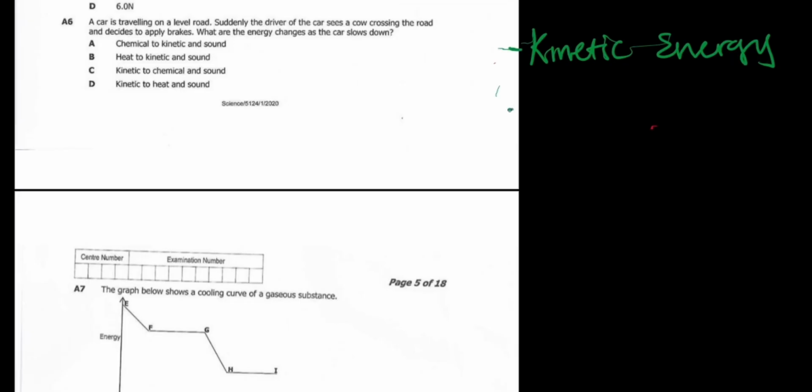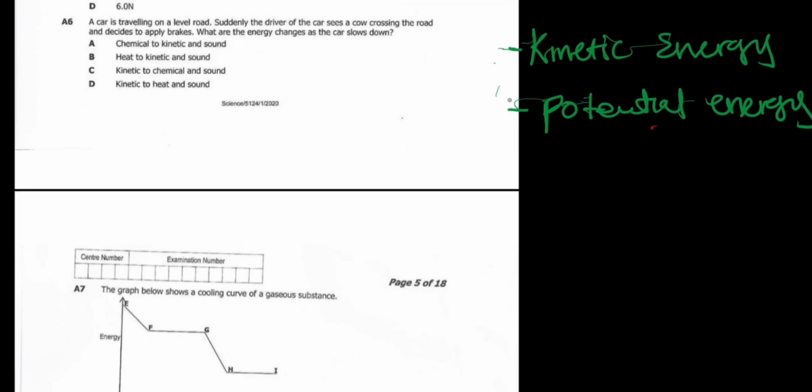When an object is at rest, it possesses what we call the potential energy. Typically, these are the two main forms of energy that are discussed when you're dealing with O-level physics.